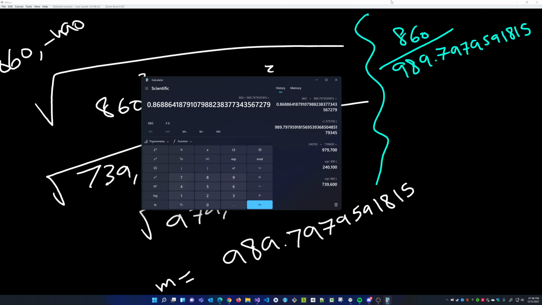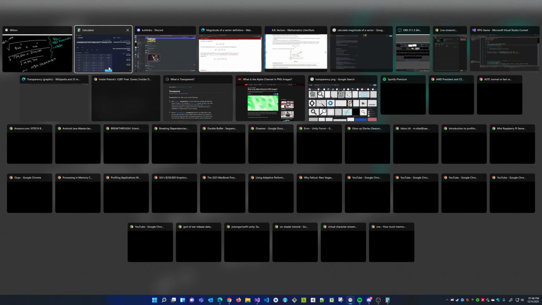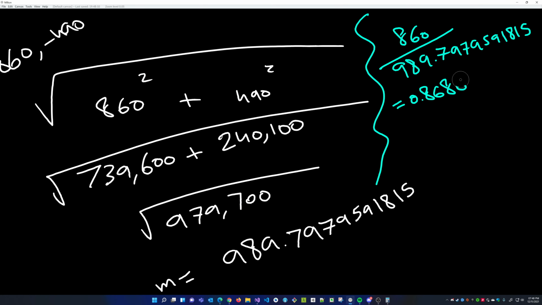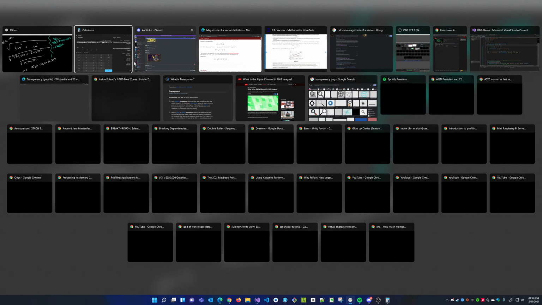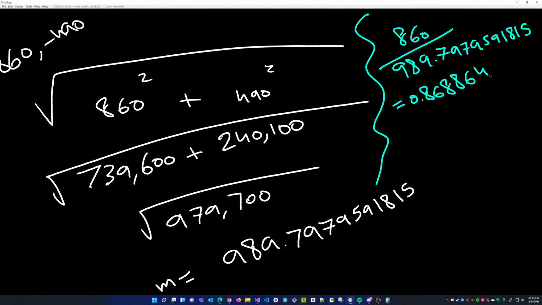Right, you get 0.8686, equal to 0.8686886. Let's take two more digits. 86886418. Right, so that's only for the x-axis.